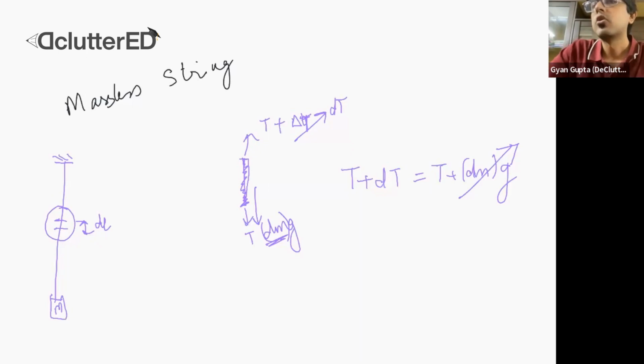Hence, to assume that tension throughout the same string is constant, the string needs to be massless. Otherwise, this element dl would have dm equal to mu into dl, where mu is called the linear mass density.